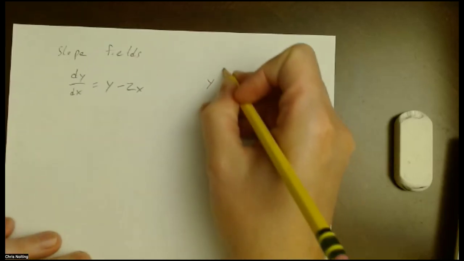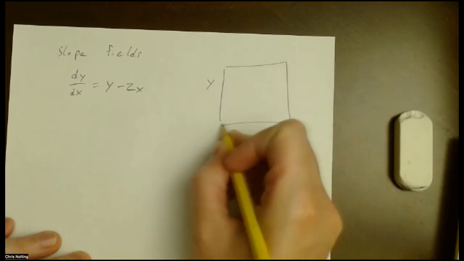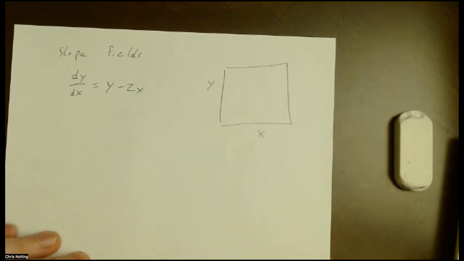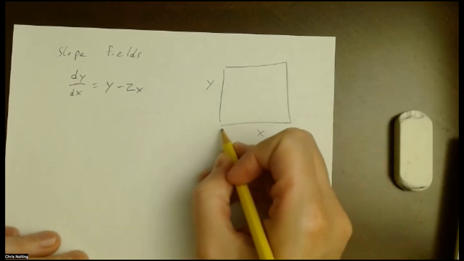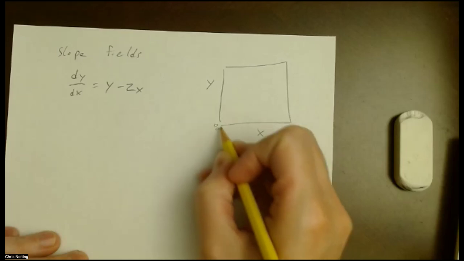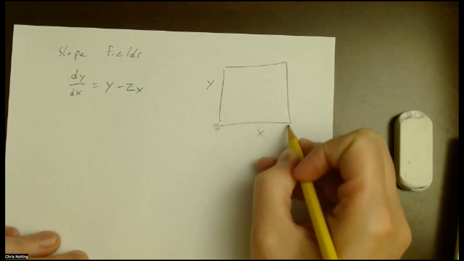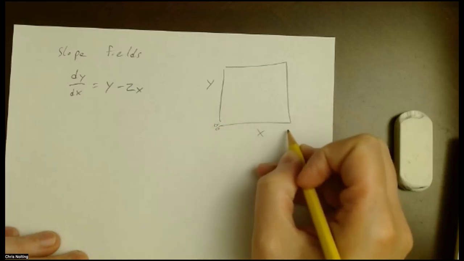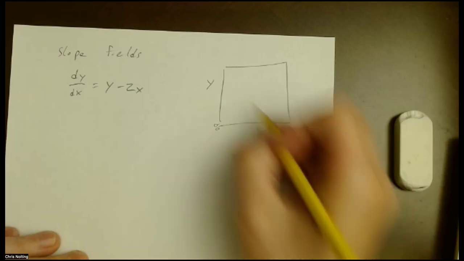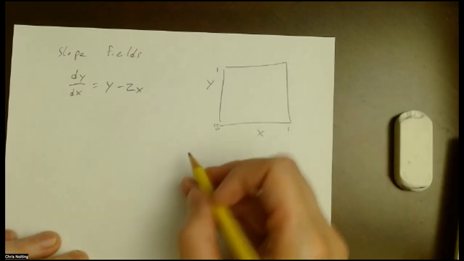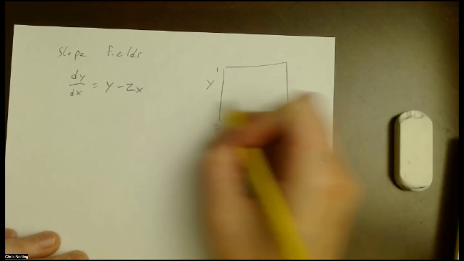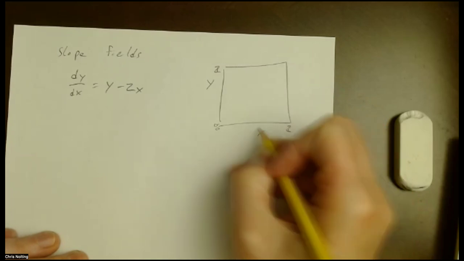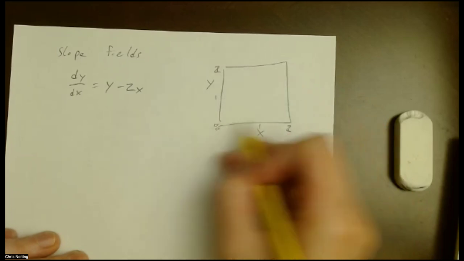And this was something where we could plot out some space x and y and say at any location, let's call this 0, 0 down here in the corner, and maybe 2, 2 up here, and 1, 1 in the middle.